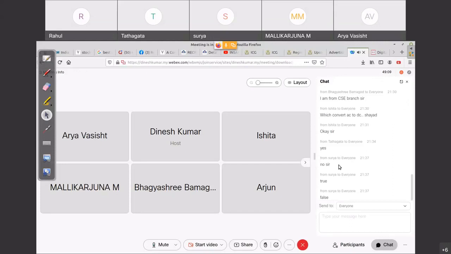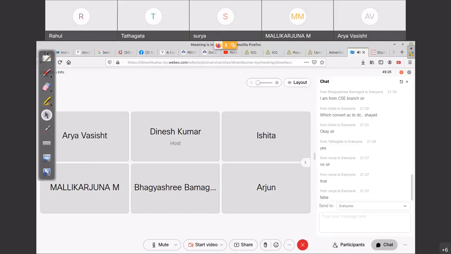True, false. Okay, that is coming from a computer science background. Electrical guys, what do you think? 0 corresponds to what? 1 corresponds to what?